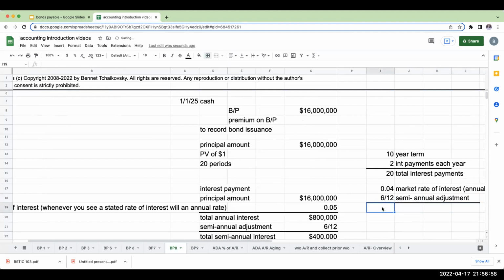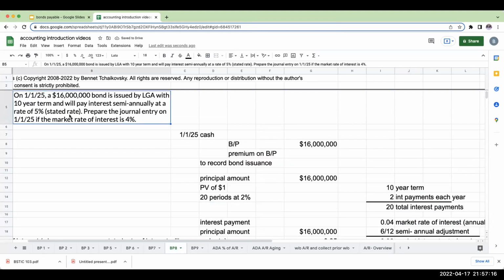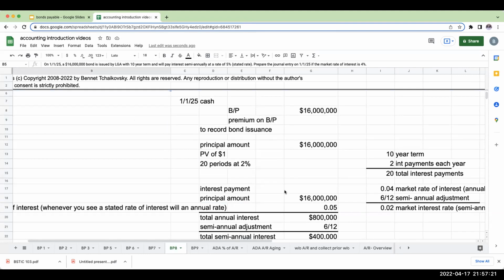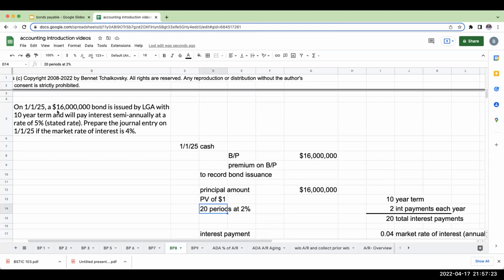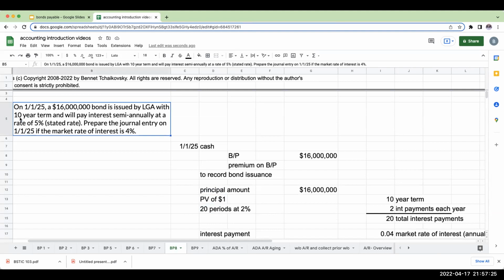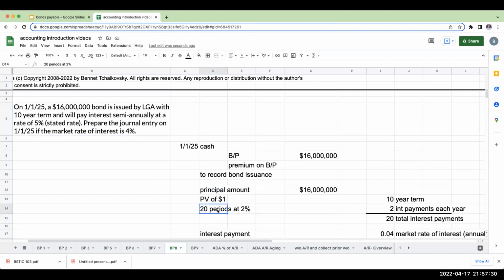I'm going to get 0.02, or 2%. So again, notice here, 20 periods at 2%. When you see the market rate of interest and the stated rate of interest, this is always going to be an annual rate, so we have to make the conversion. But also notice we're getting interest more often. It's a 10-year term, but we're getting it twice per year, so it's going to be 20 periods.